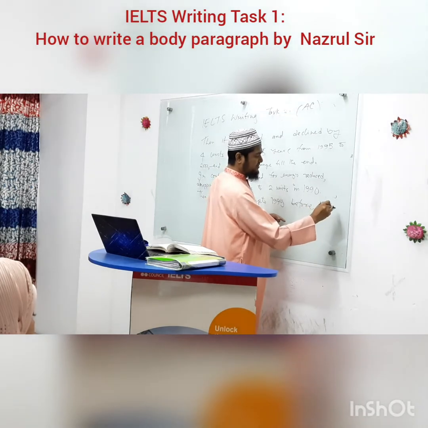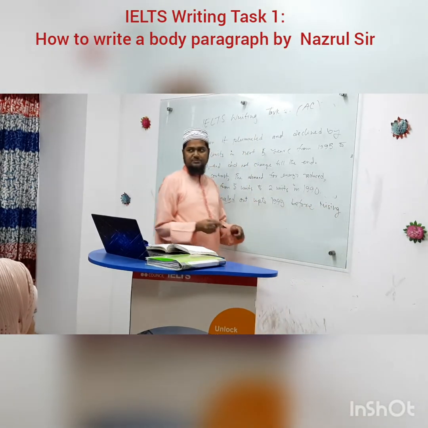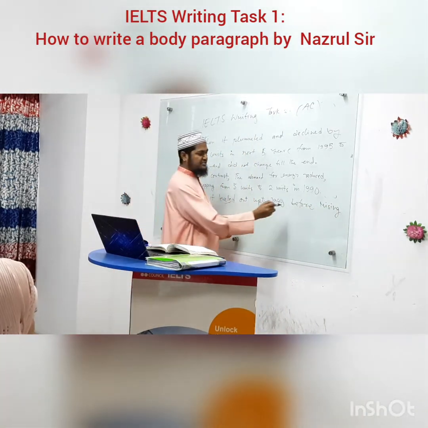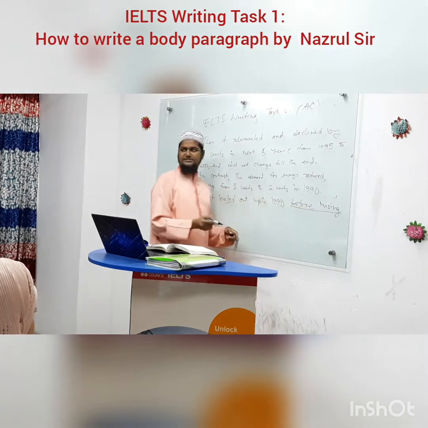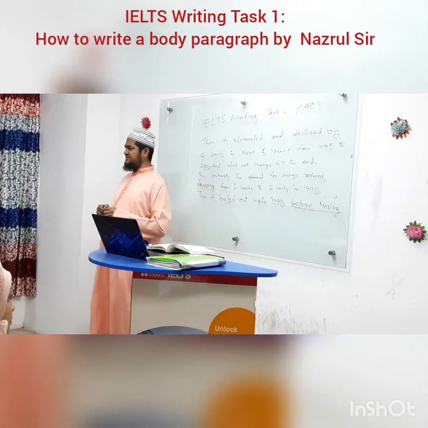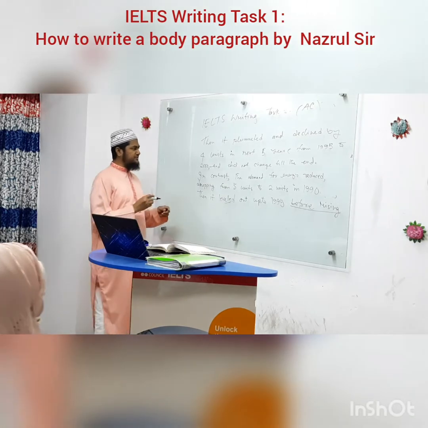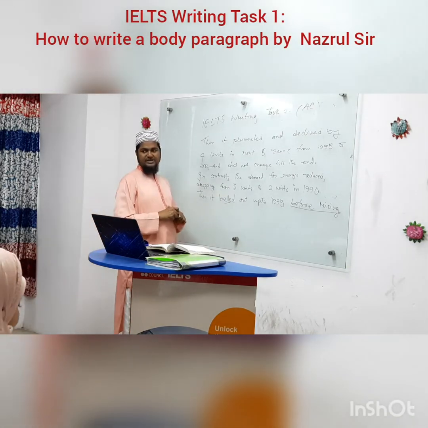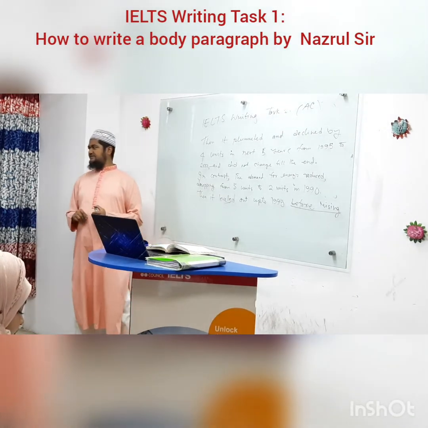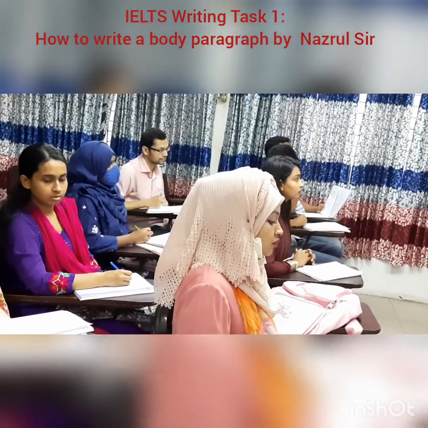Why rising? Because we write generally rose for the past, but because of the preposition, we are using the ing form. Do you understand? So before rising to, okay, up to this point. Finish.